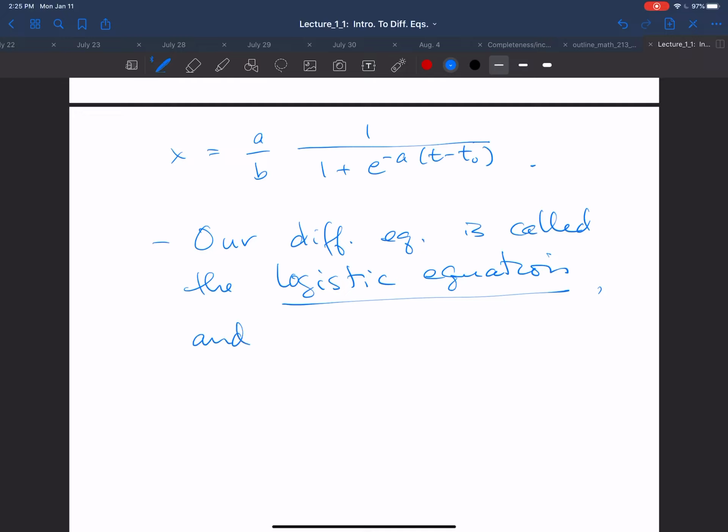And the solution, x of t, is called the logistic curve. Now, there's a plot of the logistic curve in the notes, which is probably a lot neater than anything I will be able to draw here, but I'll give it a try.